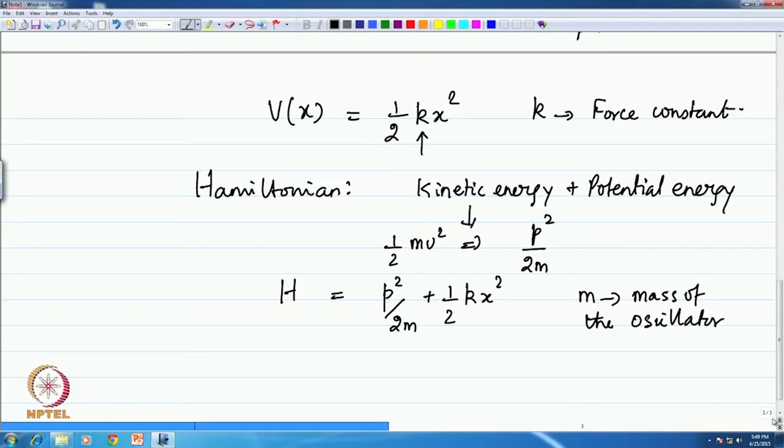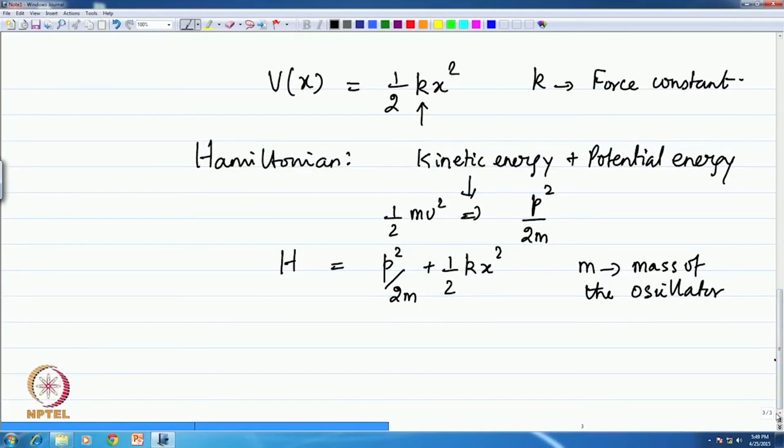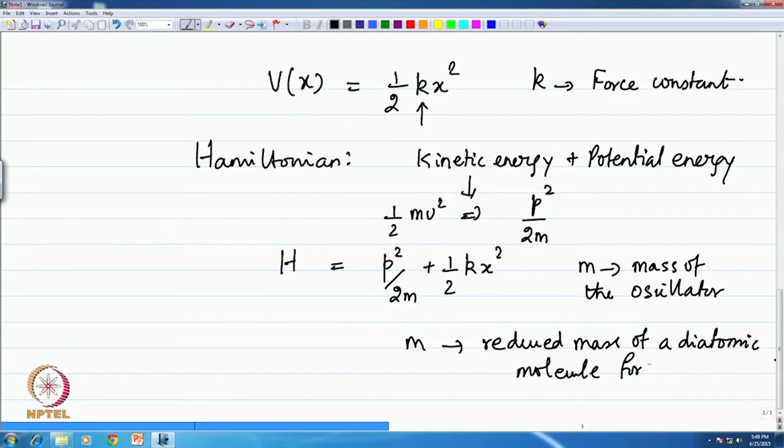If you are worried about a diatomic molecule or vibration of a diatomic species, then m is replaced by the reduced mass of the diatomic molecular system for vibrations.